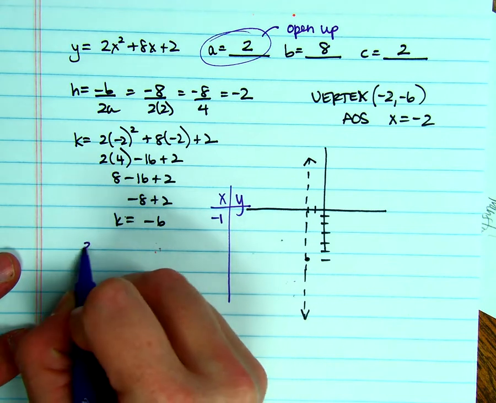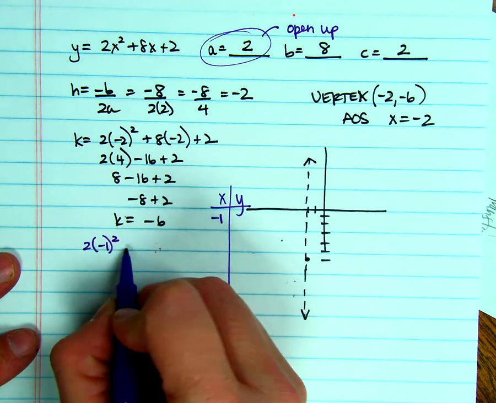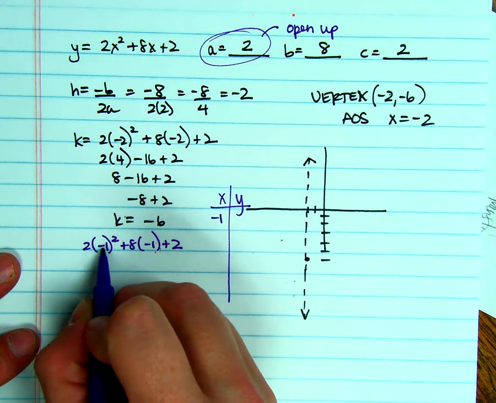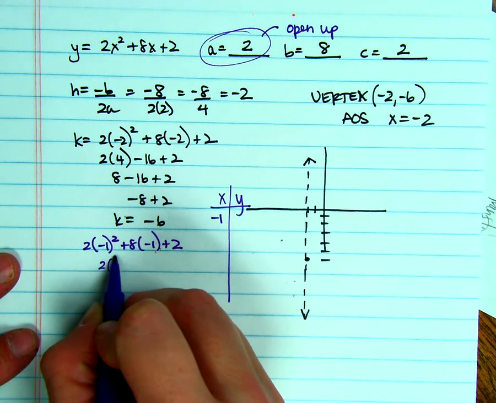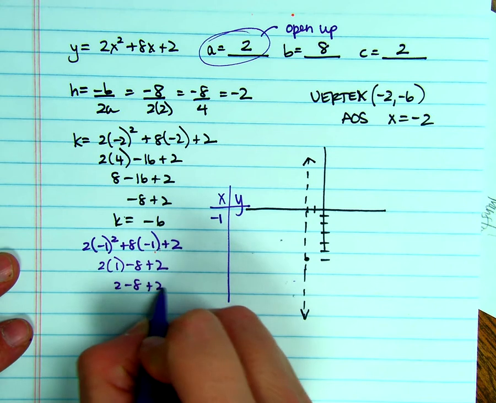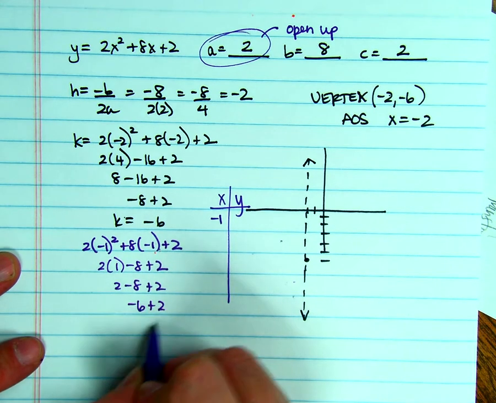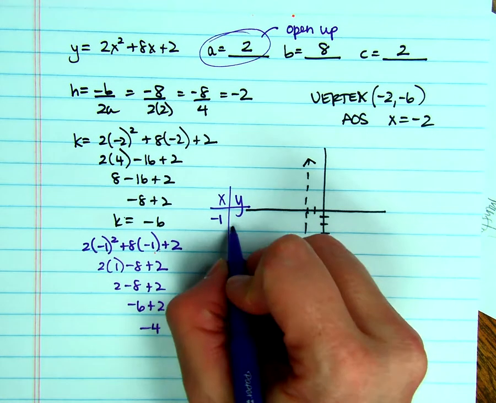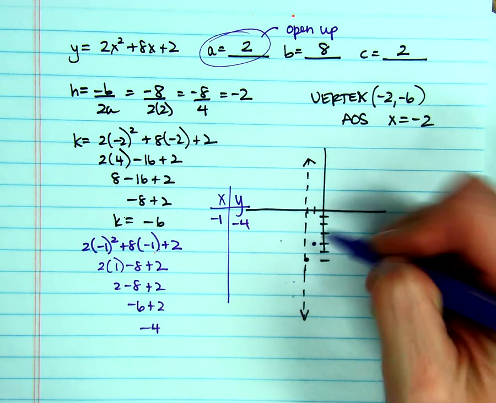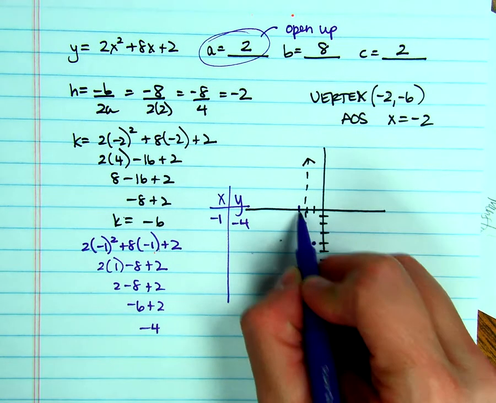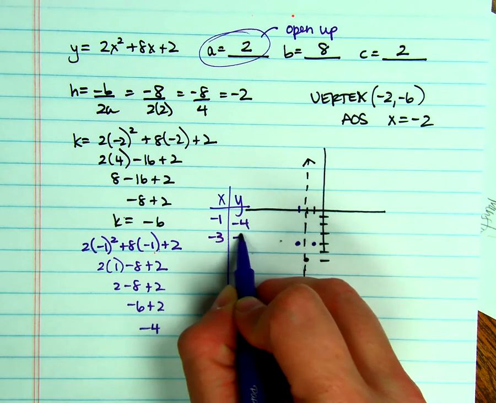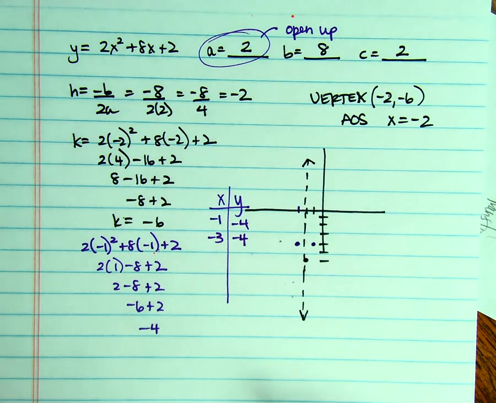Negative 1, so I have 2 times negative 1 squared plus 8 times the negative 1 plus 2. 1, so 2 times 1 minus 8 plus 2. 2 minus 8 plus 2, negative 6 plus 2, and finally negative 4. So negative 1, negative 4. Mirror that. It's going to be a negative 3, negative 4, so I can put that in my table even though we haven't done the work for it.